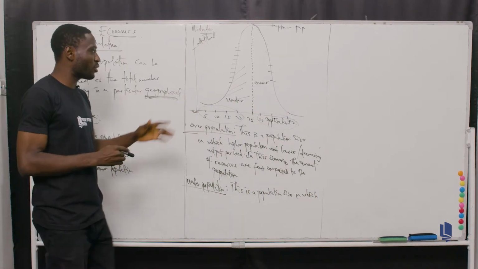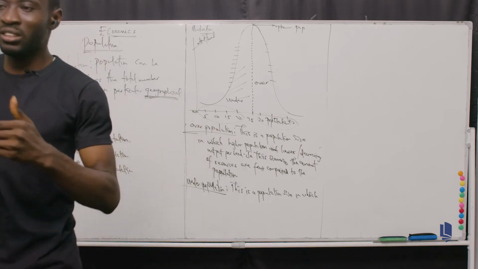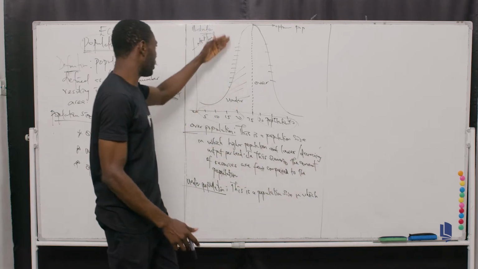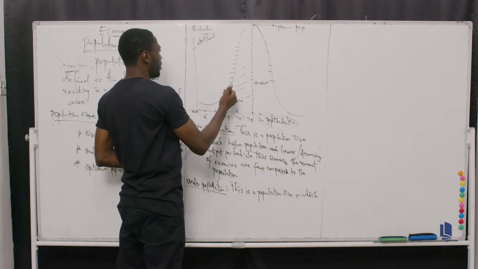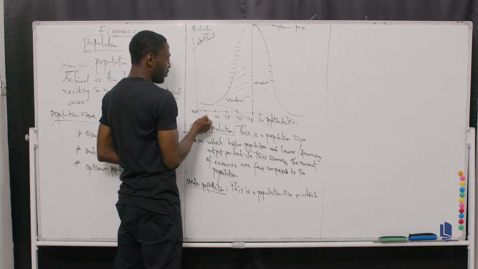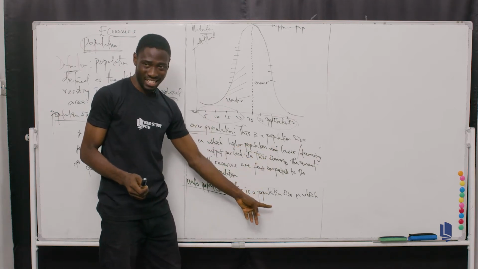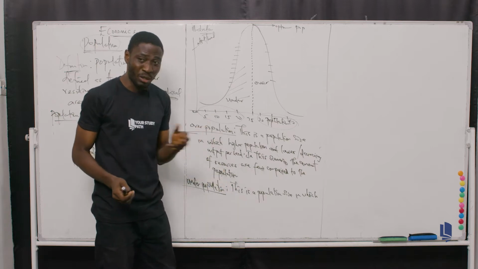So there isn't much to cram here, all right? So this is a population size in which, what's the graph telling us? Now in this case, the population here, we won't say higher, okay? Because this is underpopulation.